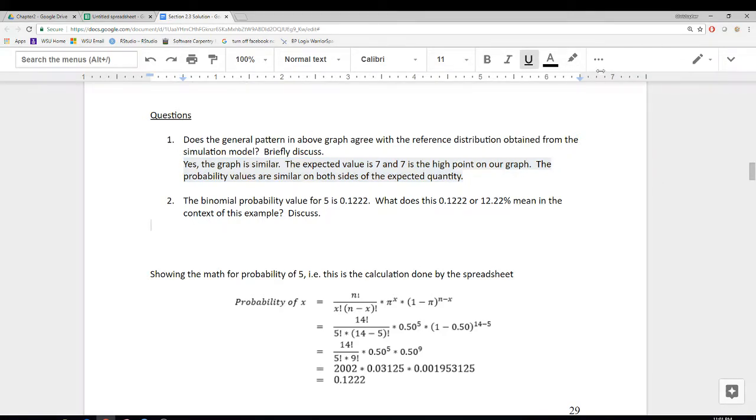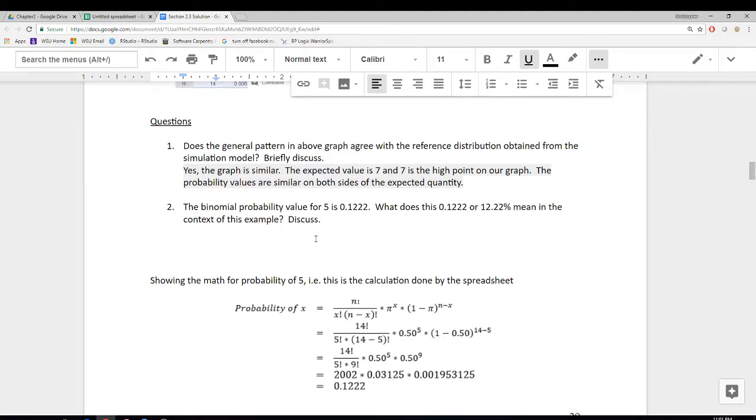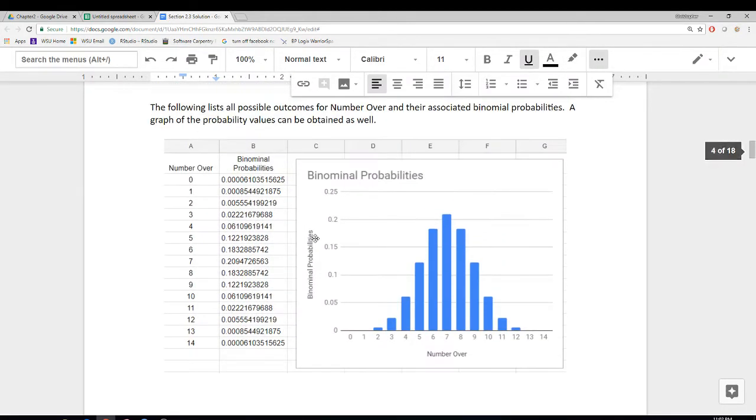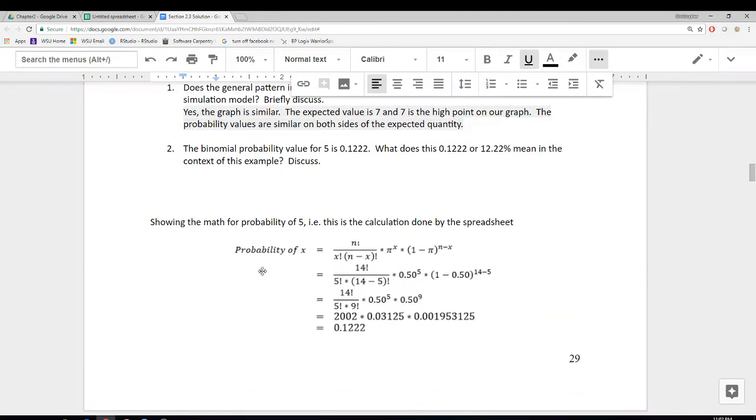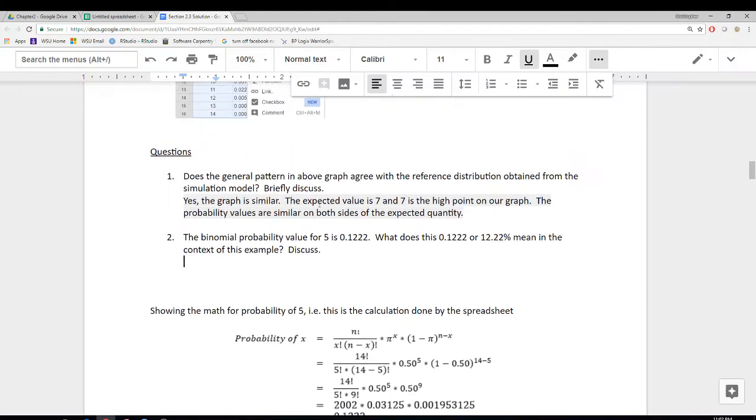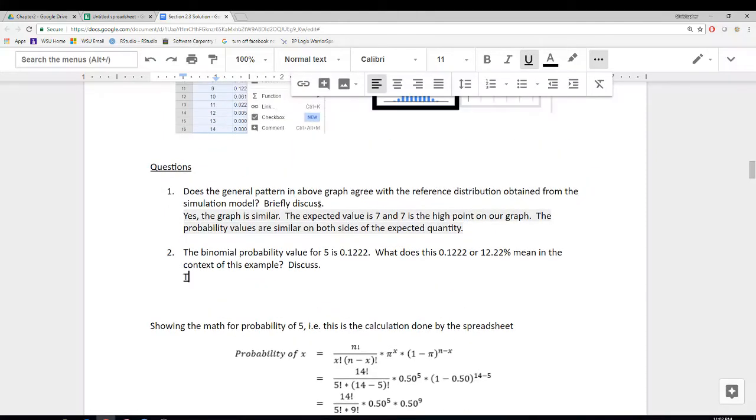How about the next question here? The binomial probability value for 5 is 0.1222. So let's go up and check that. Binomial probability for 5 is indeed 0.1222. So what does this value mean in the context of this example? Well, let's go ahead and take off the underlining.